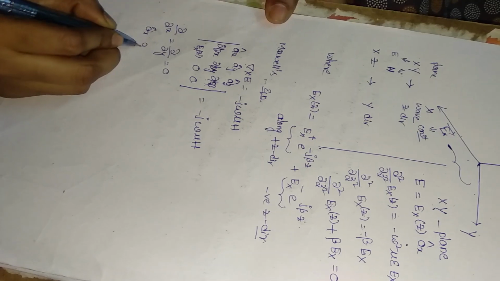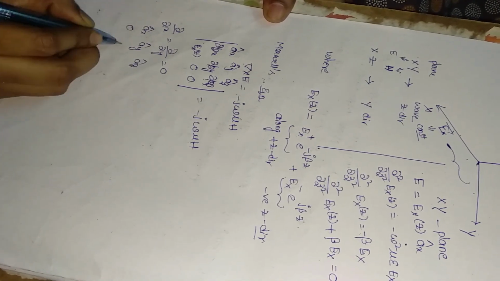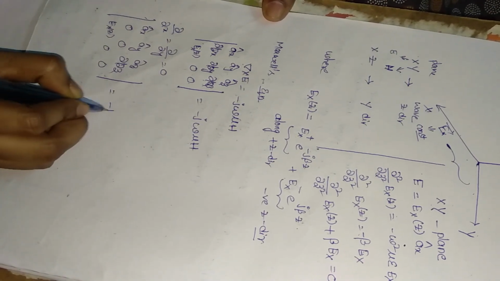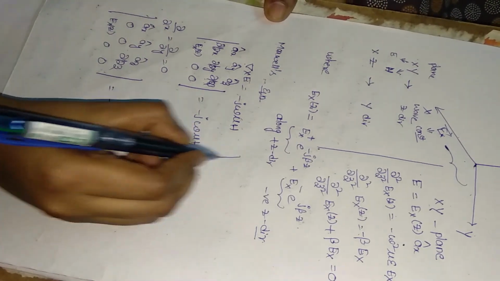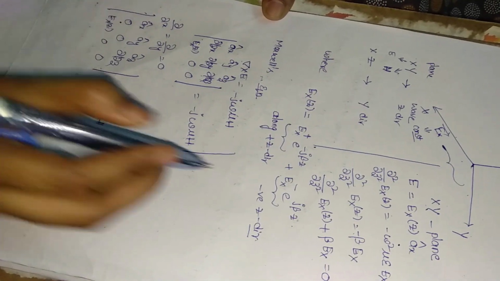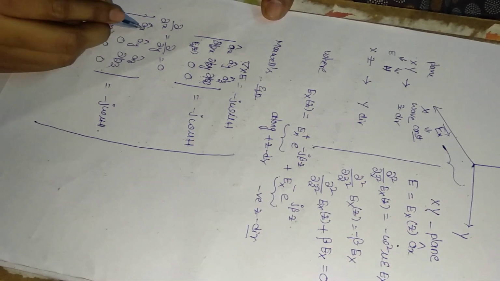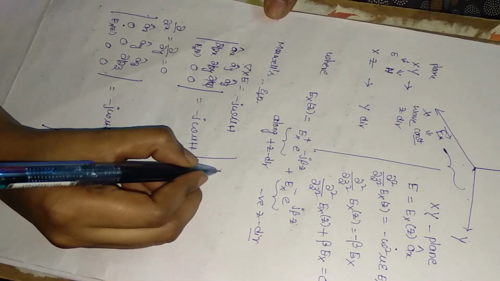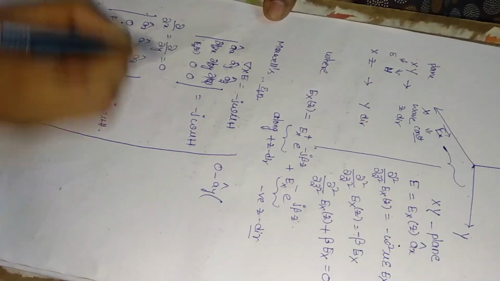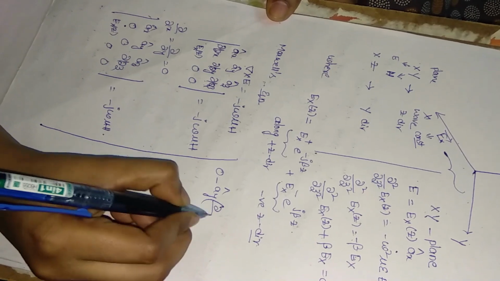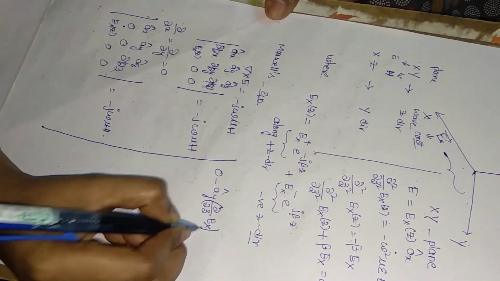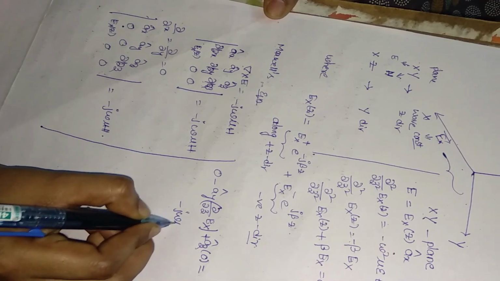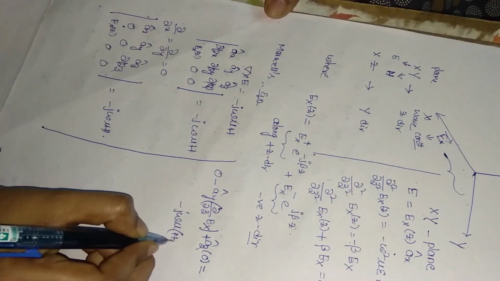After substituting these two, the curl becomes the determinant Ax, Ay, Az; 0, 0, d by dz; Ex of z, 0, 0, which is equal to minus j omega mu into H. If you solve this, you will get Ax into 0 into 0, 0 into 0, which is 0, minus Ay cap into d by dz of Ex, plus Az cap into 0.